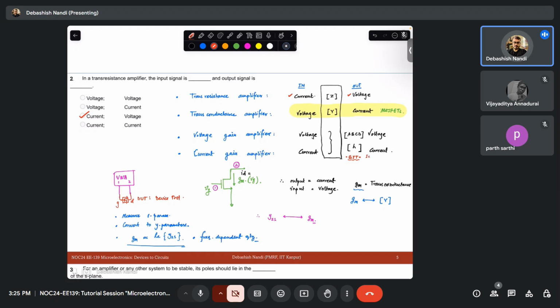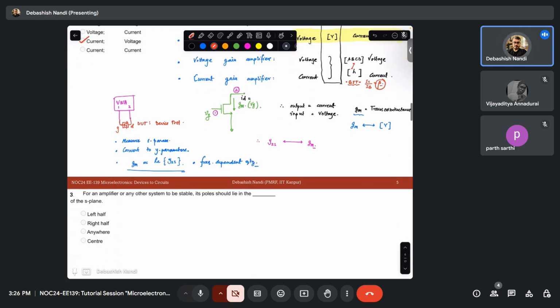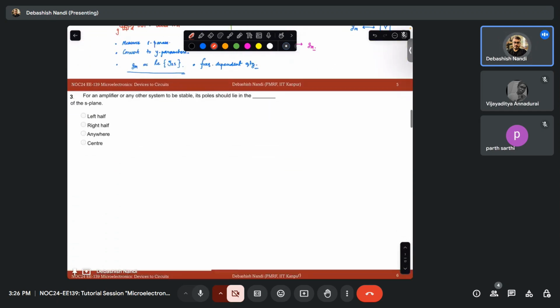Your IC by IB, so your beta then is related to these two-port network parameters. So I think that is what I have to say on this one.